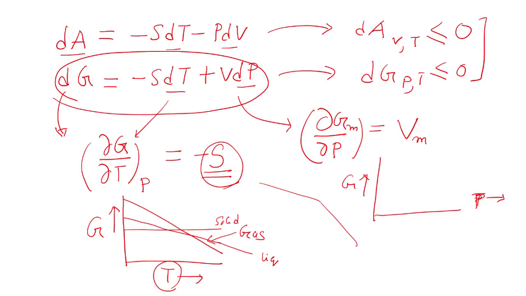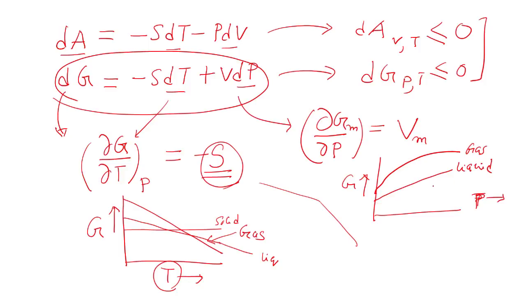So, if I increase the pressure, how will the volume change? For gas, the change in volume will be something like that. We'll discuss why the curve looks like this. And for liquids and solids, the volume will be like this. The change will be like this. So this is for gas, this is for liquid.